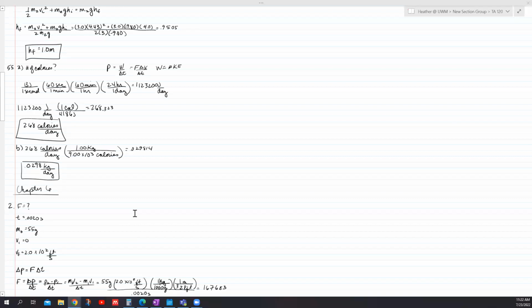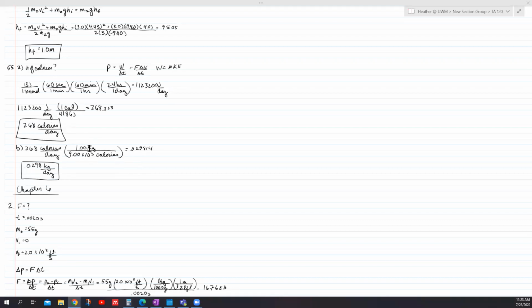B asks, metabolizing 1 kilogram of fat can release 9 times 10 to the 3 calories of energy. What mass of metabolized fat would power the heart for 1 day? All right, so we are going to take what we solved for above, which was the 268 calories per day. We are going to convert that into kilograms per day.